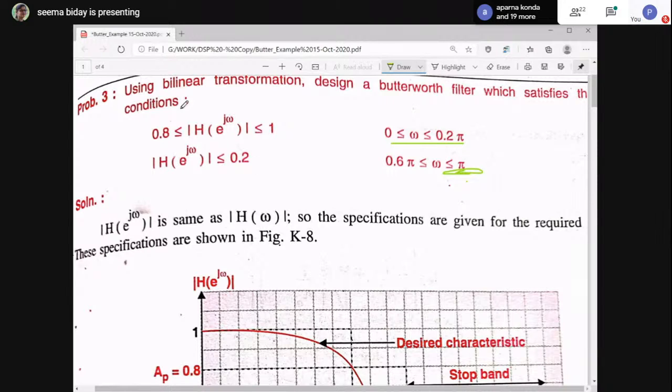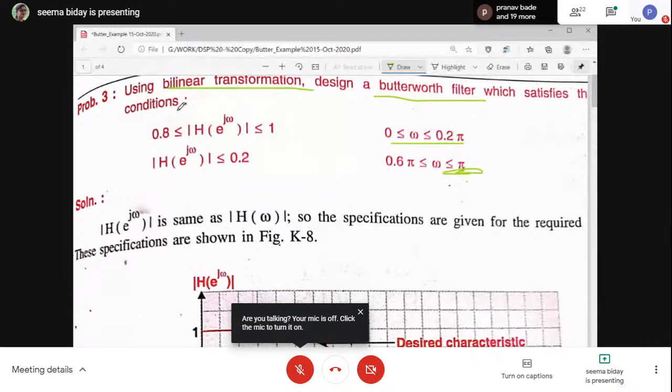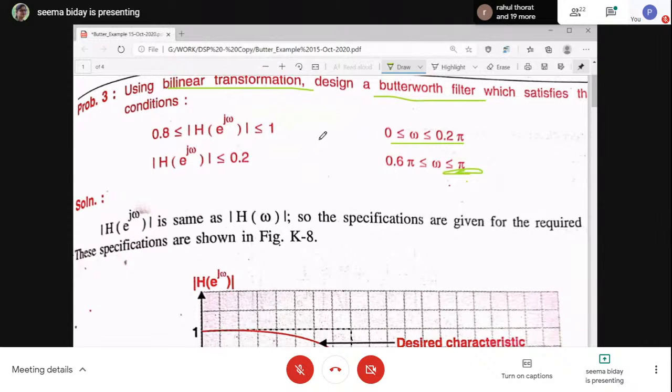And you have to design using Butterworth approximation and bilinear transformation, so that we get this type of frequency response. This is given in the example. So you should know what is given, then only you can proceed for the solution.